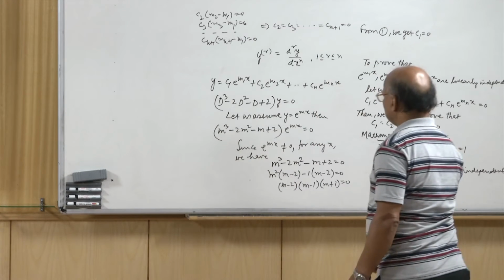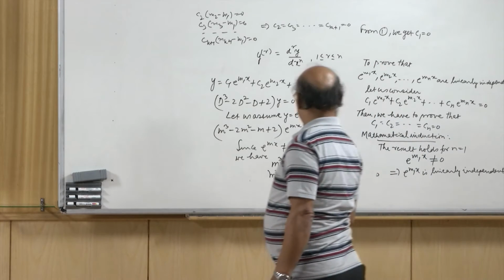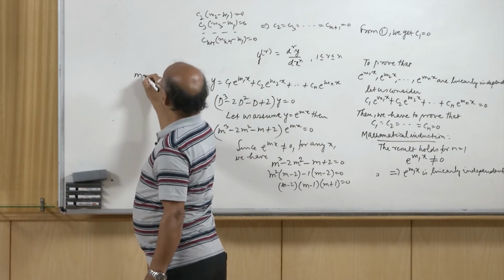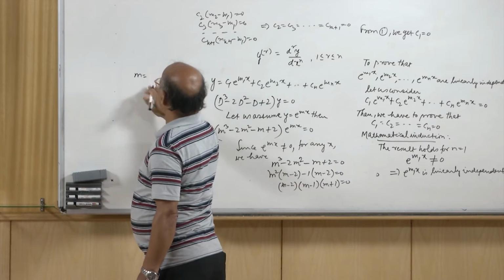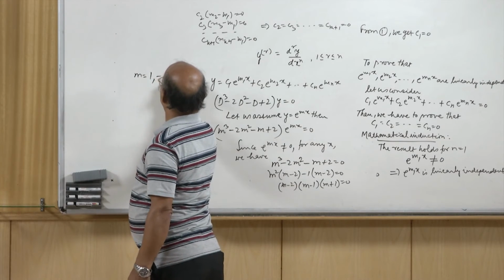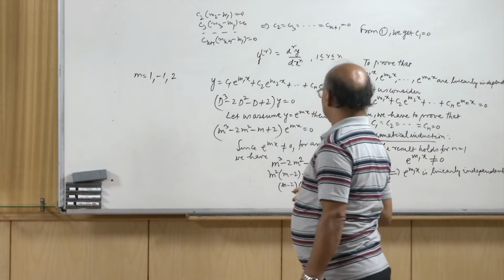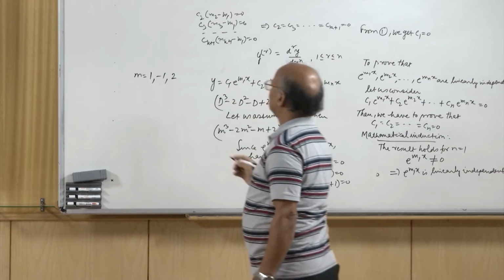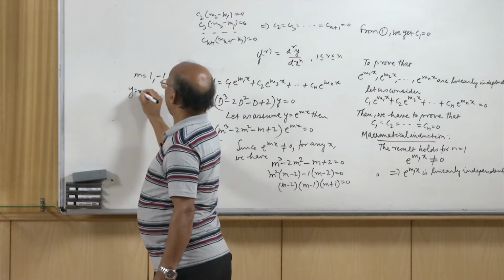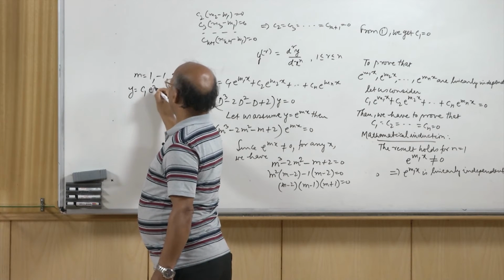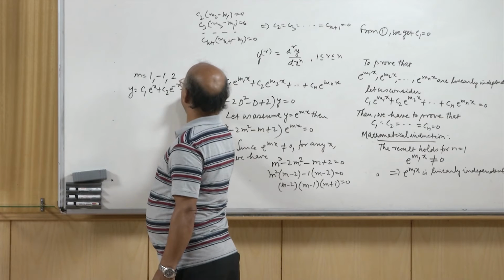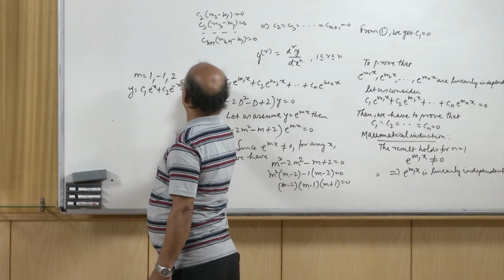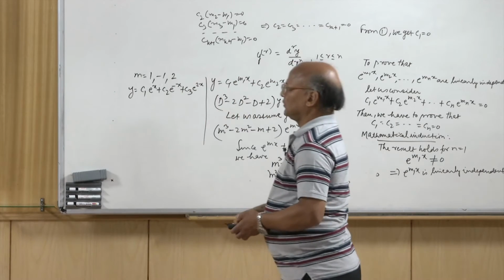The three roots of the auxiliary equation are 1, minus 1 and 2. So, the auxiliary equation has real and distinct roots. So, the general solution will be y equal to C1 e to the power x plus C2 e to the power minus x plus C3 e to the power 2x in this case.